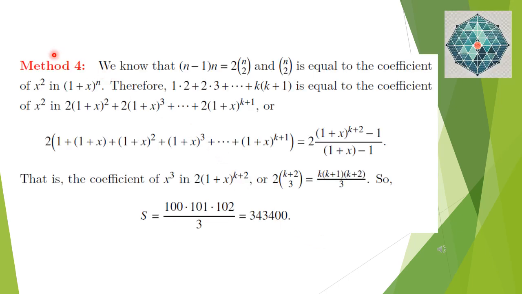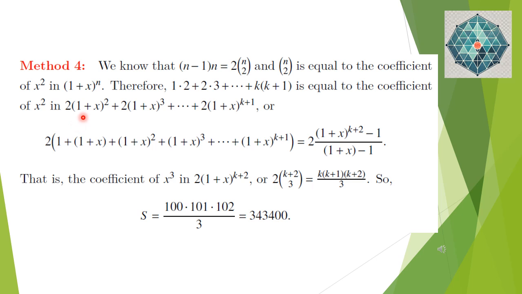Method 4. We know that n minus 1 times n equals 2 times the binomial coefficient n choose 2. Also, n choose 2 is the coefficient of x squared in the expansion of 1 plus x to the power of n. Therefore, the sum is equal to the coefficient of x squared in 2 times the sum of 1 plus x squared plus 1 plus x cubed, and so on, up to 1 plus x to the power of k plus 1.